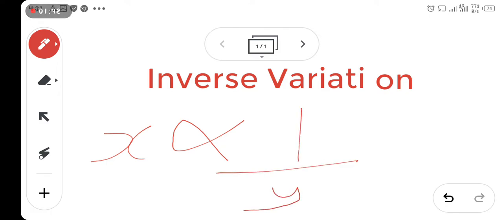So this is x varies inversely as y. This means that when x increases, y decreases, and when y increases, x decreases.